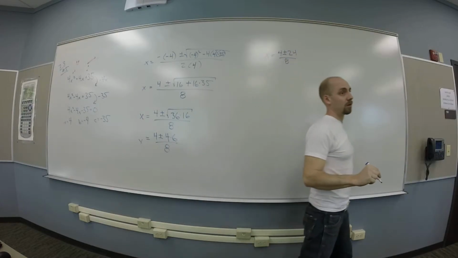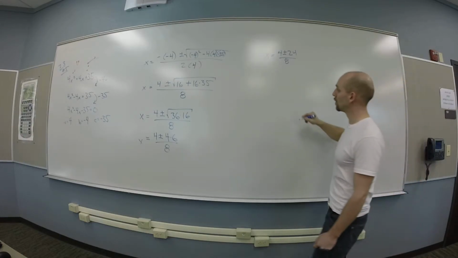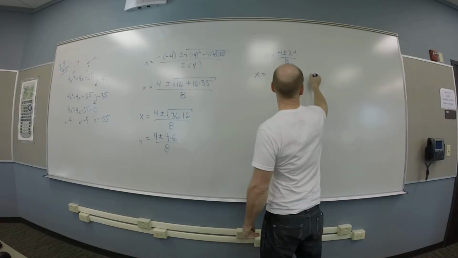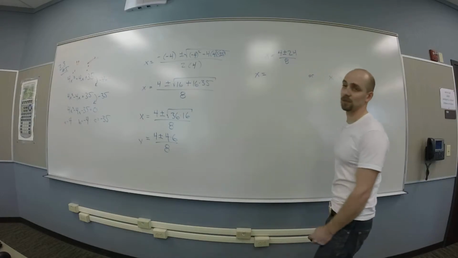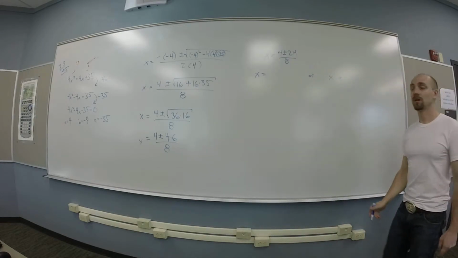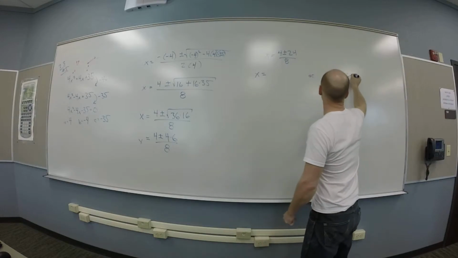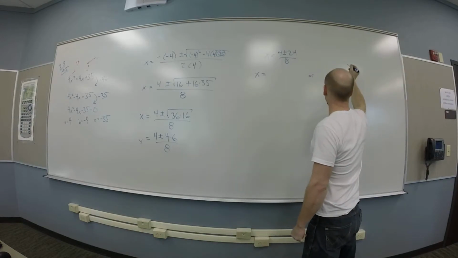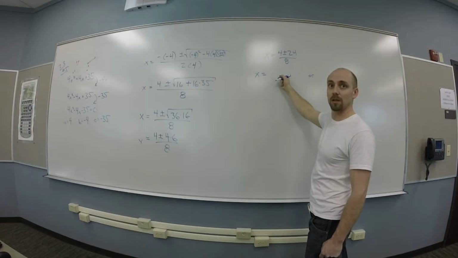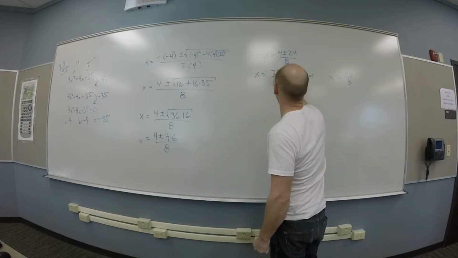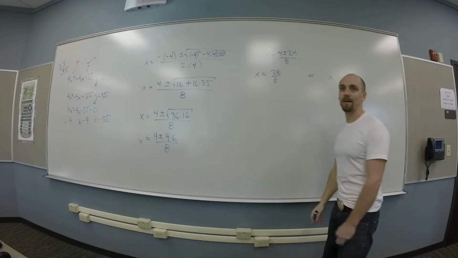Okay, so that means x is this or x is that. The minus is 20 over 8, and the plus is 28 over 8. Okay, now what?